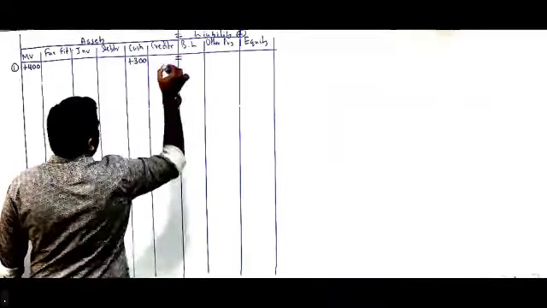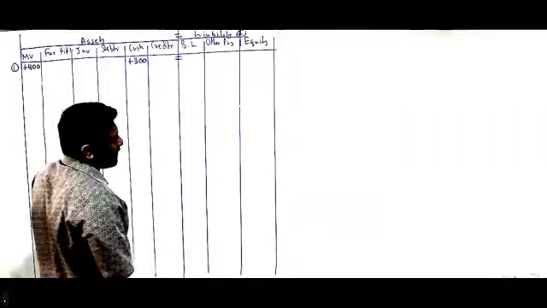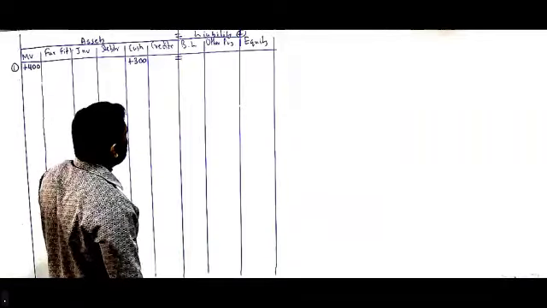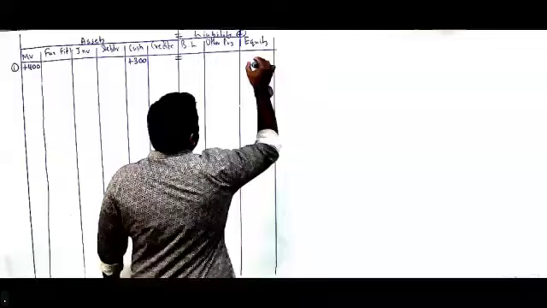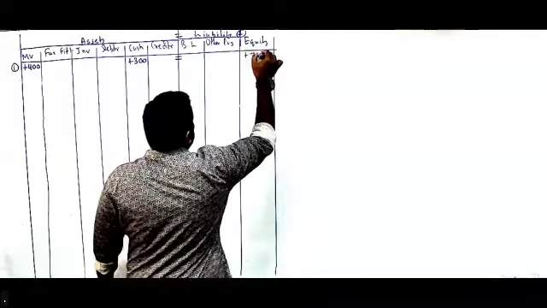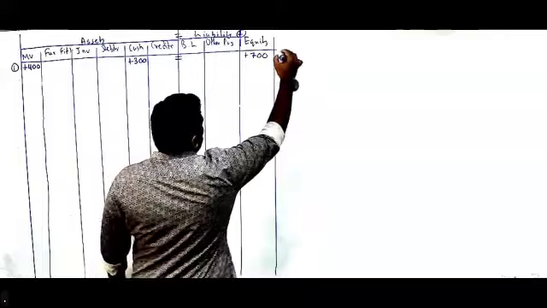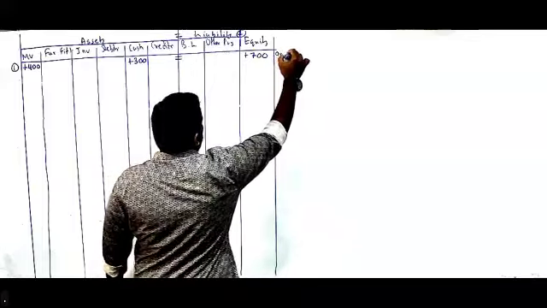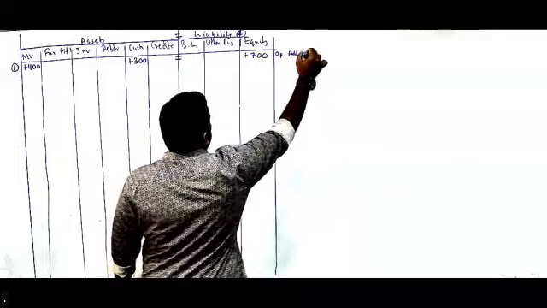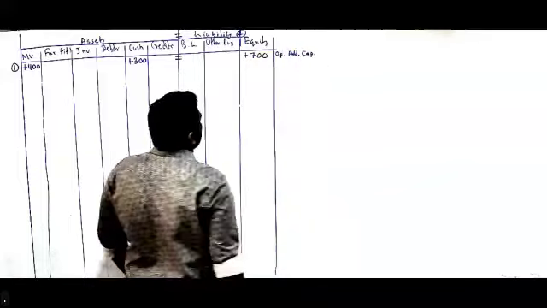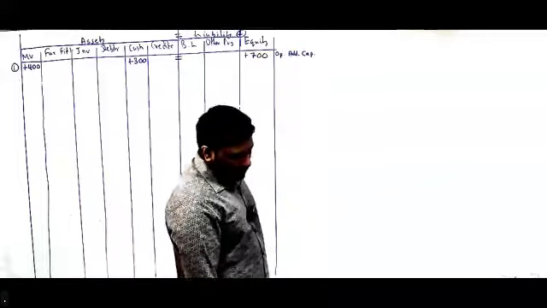Put the equal sign. That's a psychological thing. It's always better to put the equal sign. So altogether, how much he invested, people? 700. So we'll write and keep opening additional capital.